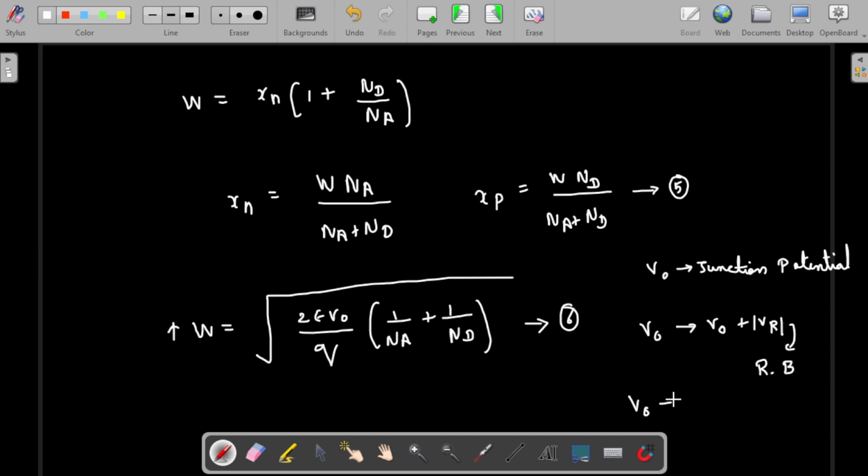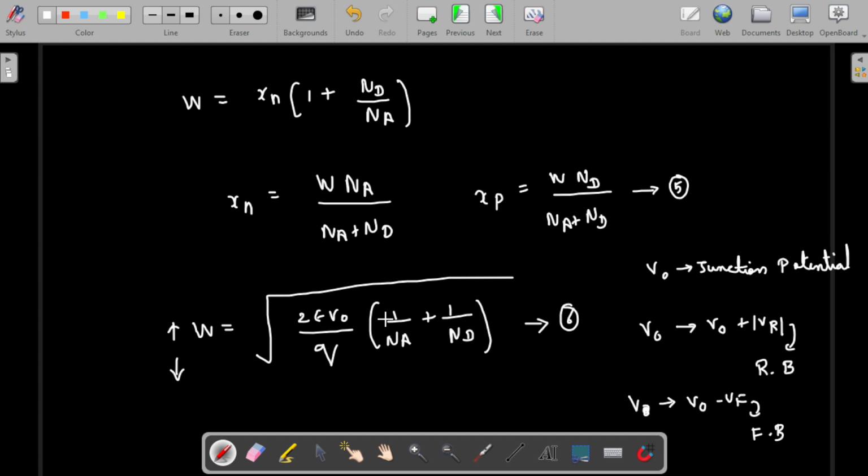If V naught is equal to V naught minus Vf, which is the forward bias, the depletion width will decrease. So based upon this, we need to substitute the V naught values here. I hope it's understood. This is a constant formula, but based upon reverse bias or forward bias, the depletion width changes.